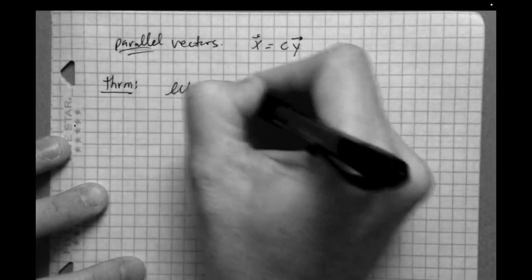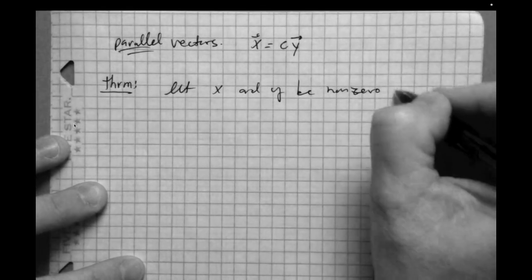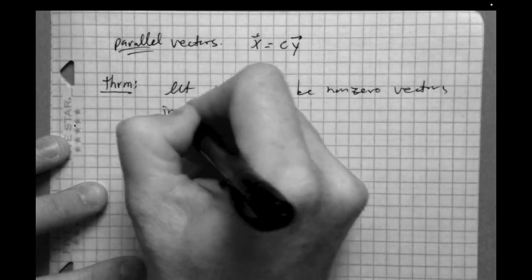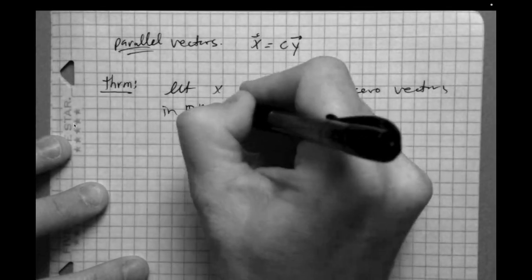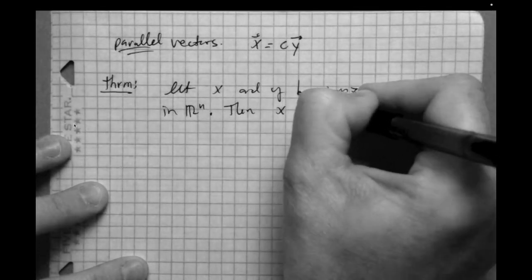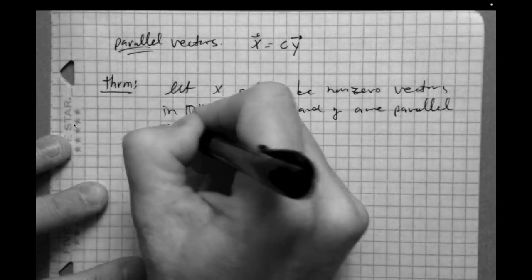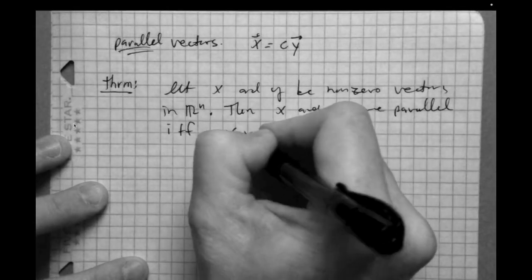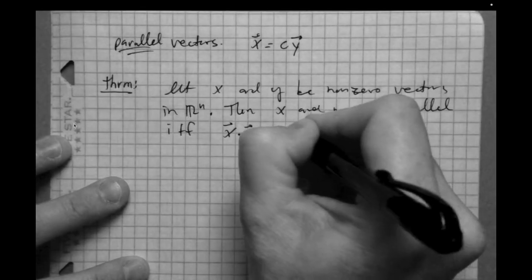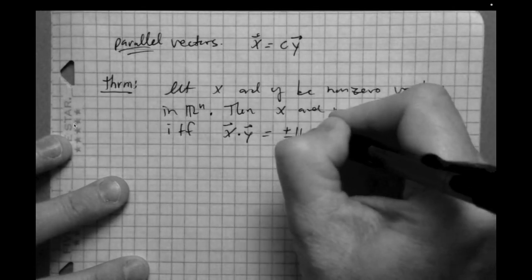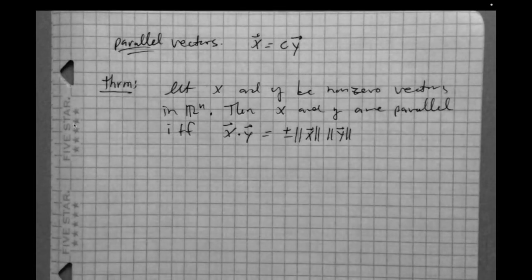We'll let x and y be non-zero vectors in Rn. x and y are parallel if and only if x dot y, the dot product, is equal to plus or minus the product of the norms.